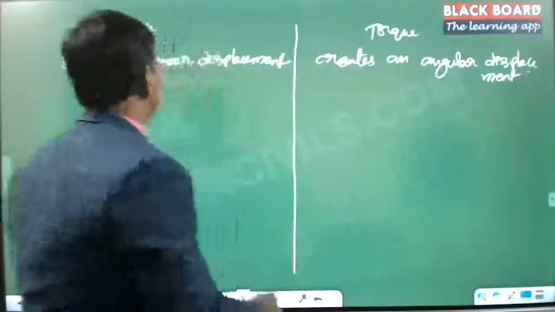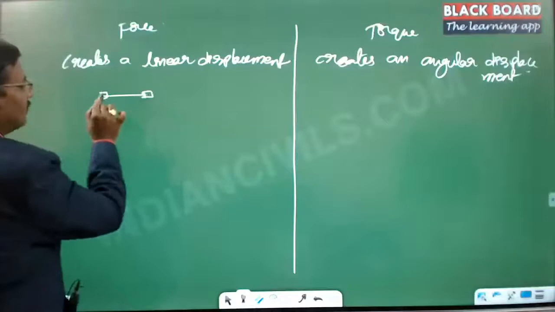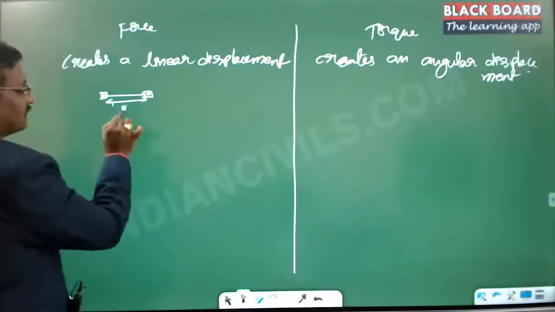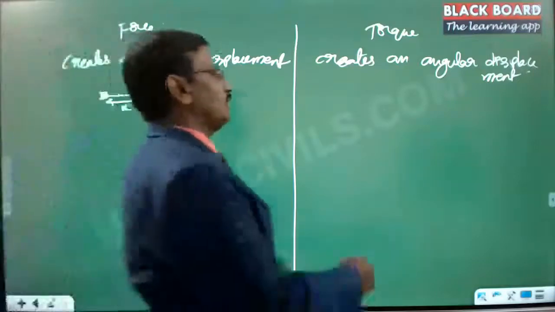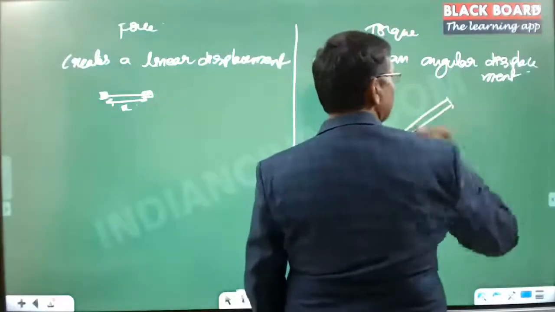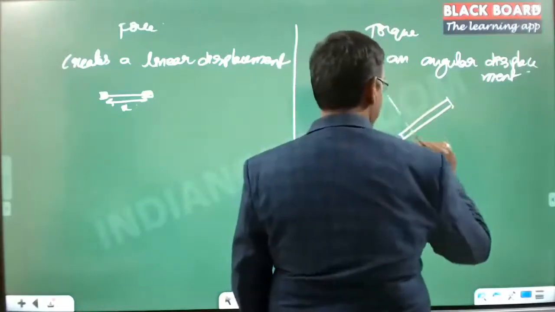Meaning, suppose there is a block here, and this block is moved to this particular place, and this is the center of mass, so this is the displacement x. And here, suppose there is a rod like this, and this rod is moved like this.